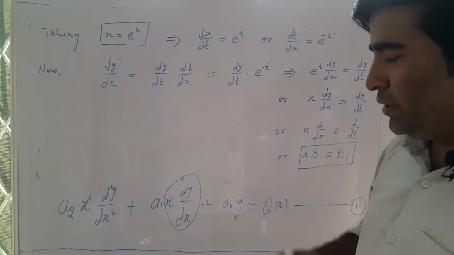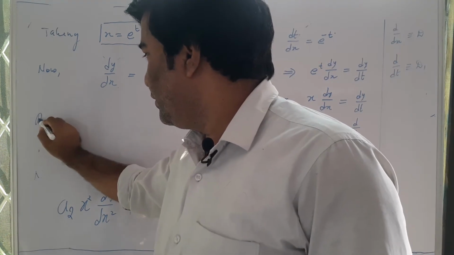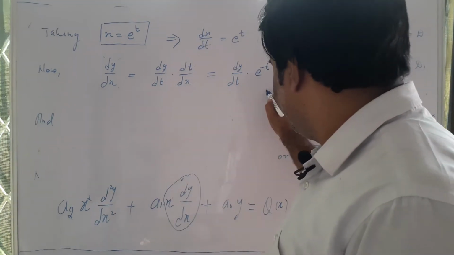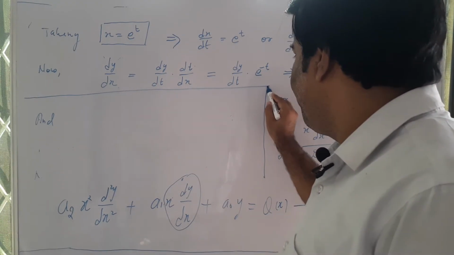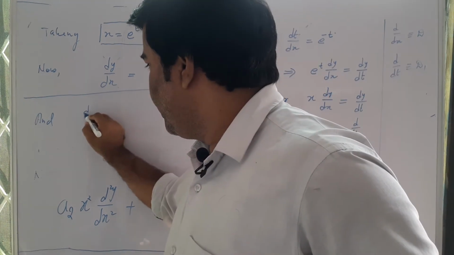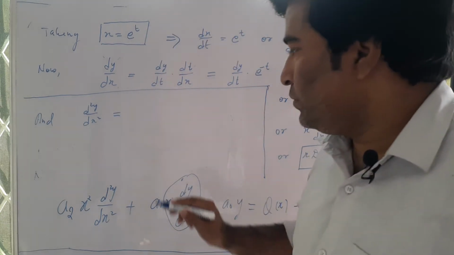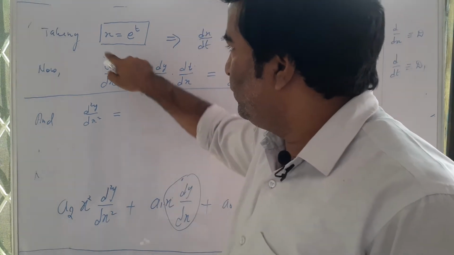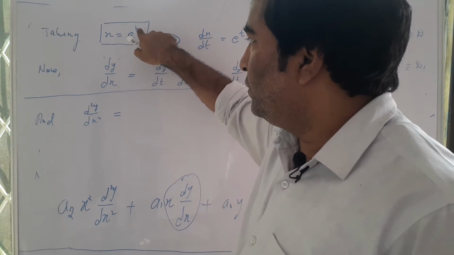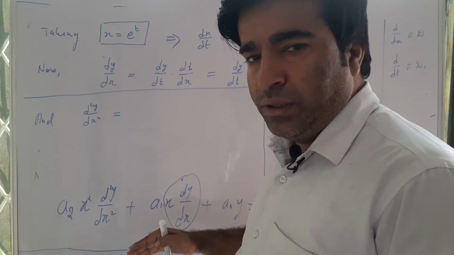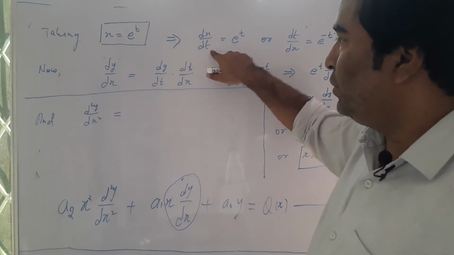Now we convert d square y over dx square. Actually we take the independent variable in terms of t, so we need to change the given differential equation with respect to the independent variable t.